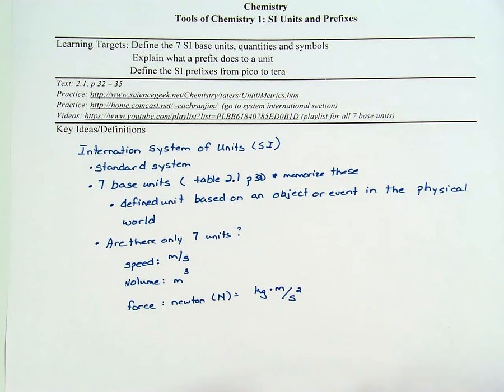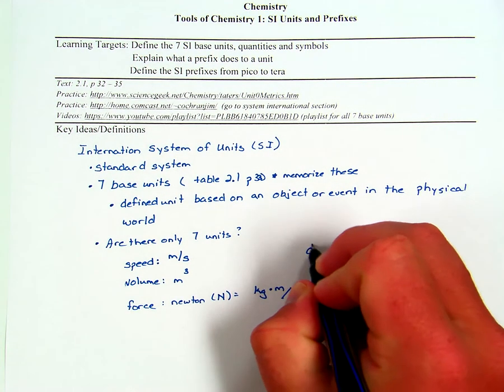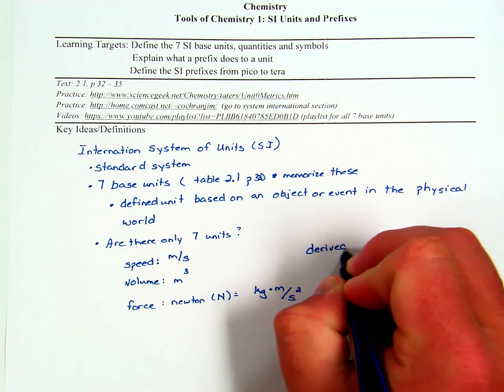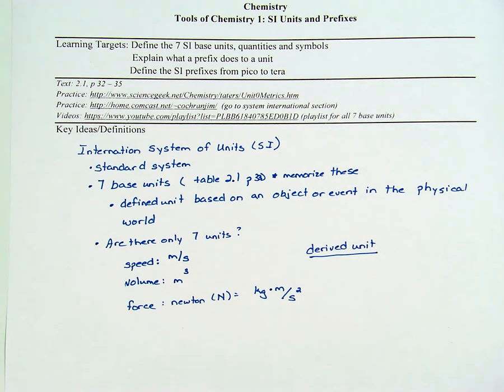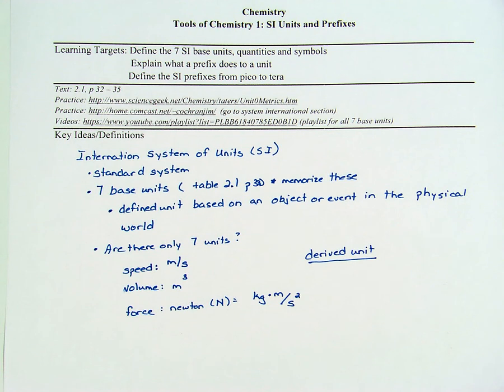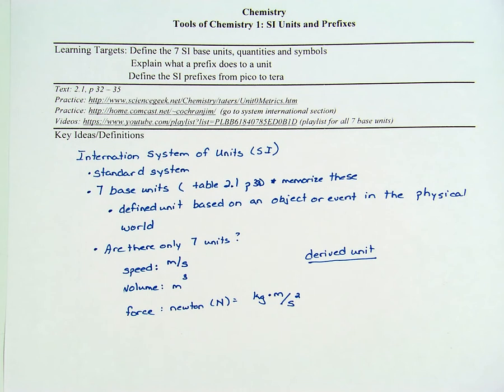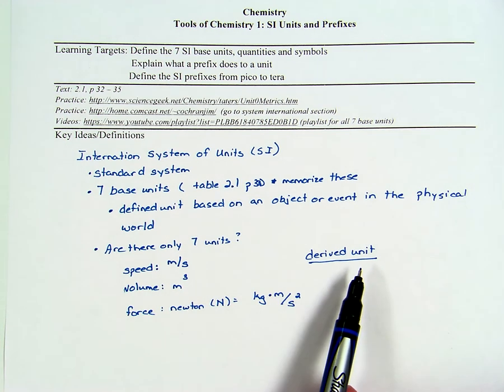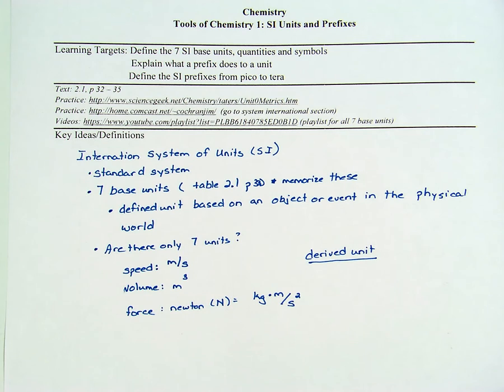Any unit that is a combination of more than one base unit is called a derived unit. Okay, so all these other units, and there's hundreds of other units other than the 7 base units, are all derived only from these 7 base units that have been defined in the SI system. All right, so that's kind of the unit part of it with our first learning target.